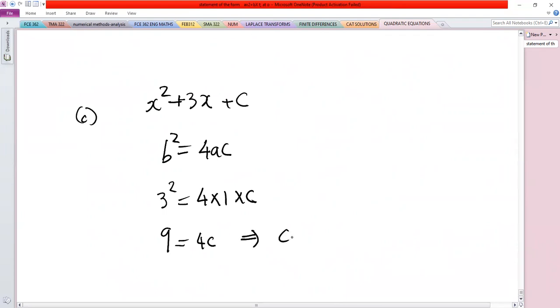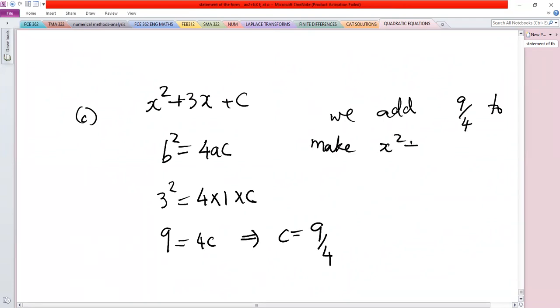Which means c is 9 over 4. So we need to add 9 over 4 to make x squared plus 3x a perfect square.